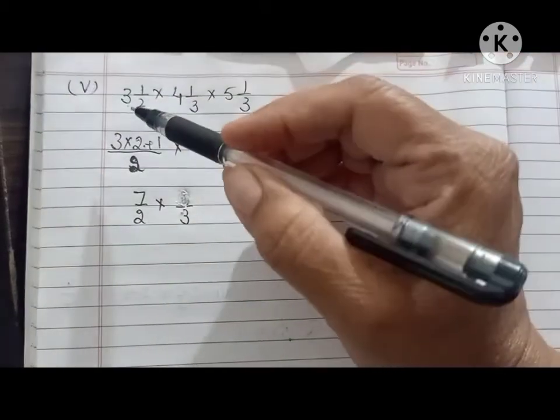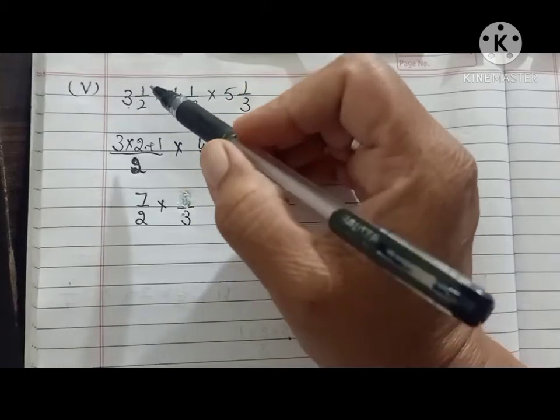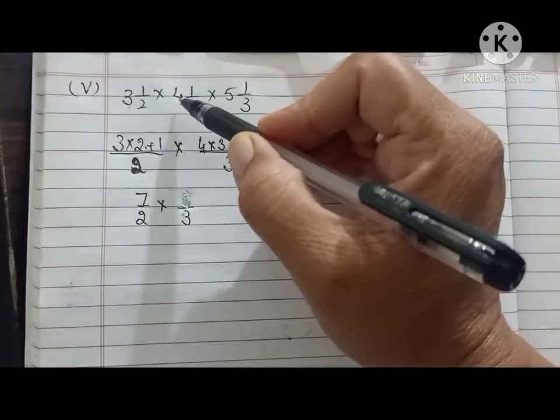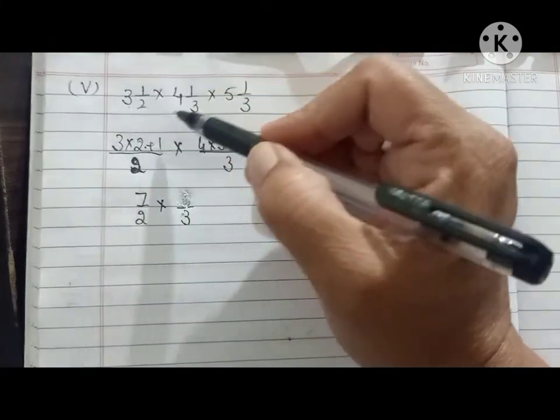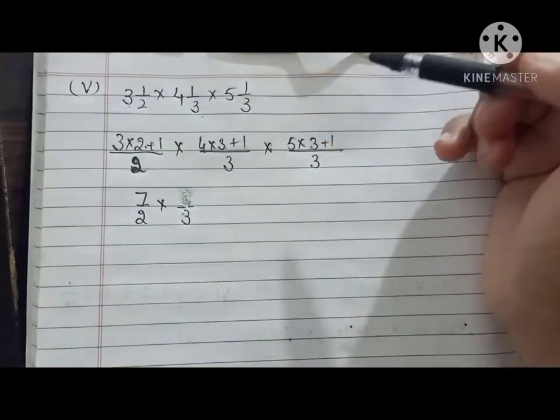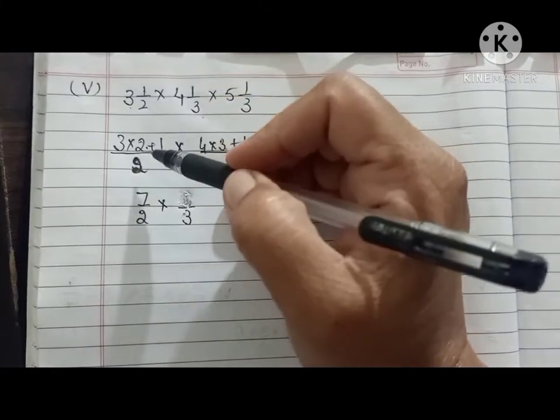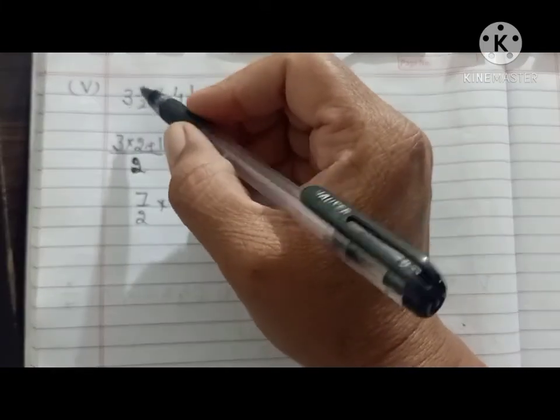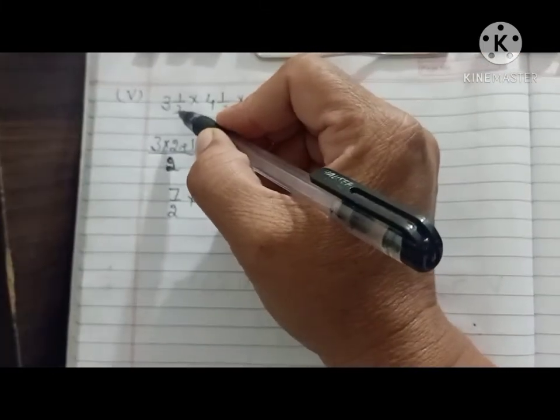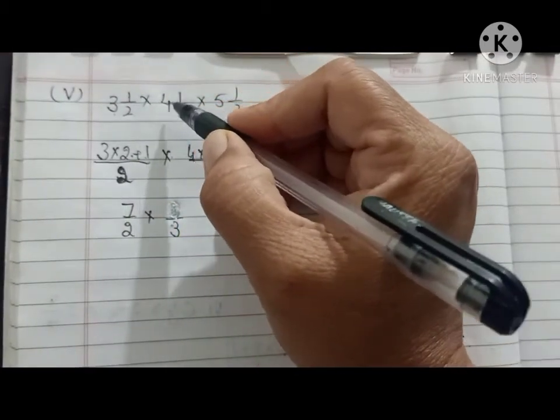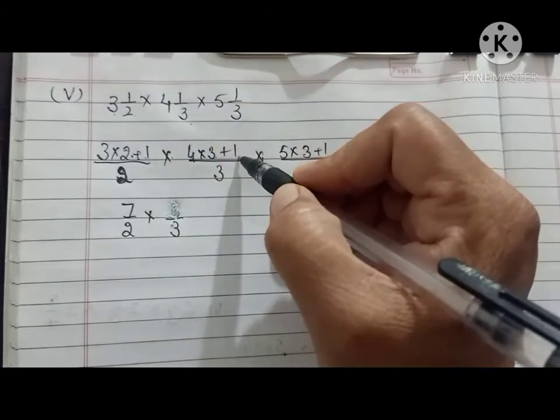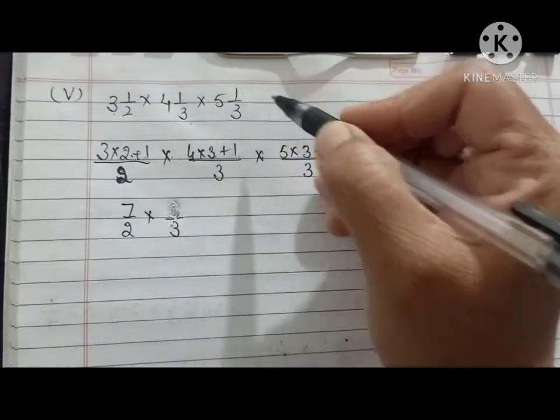Now question number 5th part of second question. 3 1 by 3 multiply 4 1 by 3 multiply 5 1 by 3. These fractions are in mixed form. Convert into improper fractions. 3 multiply by 2 plus 1, 4 multiply by 3 plus 1, 5 multiply by 3 plus 1.